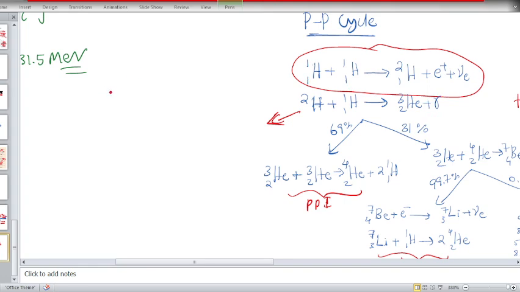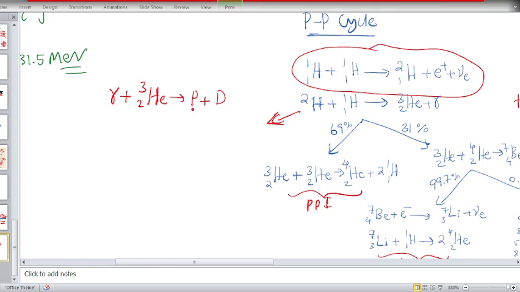For example, if you consider a gamma photon interacting with a helium-3, how much energy is required for this interaction to release a proton and a deuteron. So this was the question, how much energy is required.